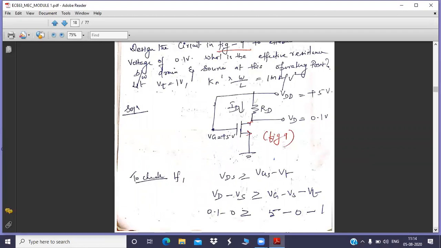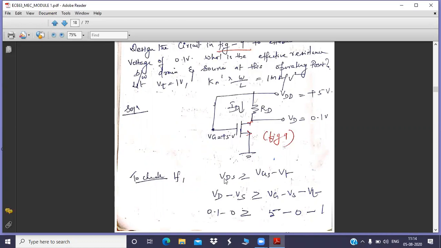Now, how are you going to find ID? For this, again, we need to check our condition of operation. The condition you're checking is VDS greater than or equal to VGS minus VT. VDS is nothing but VD minus VS, and VGS is nothing but VG minus VS, so you can cancel VS from both sides.